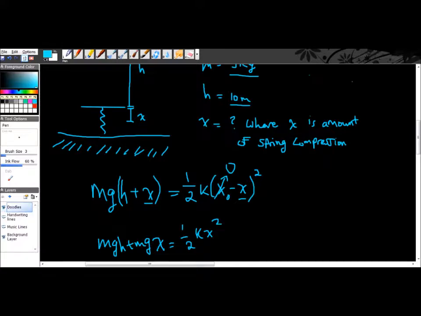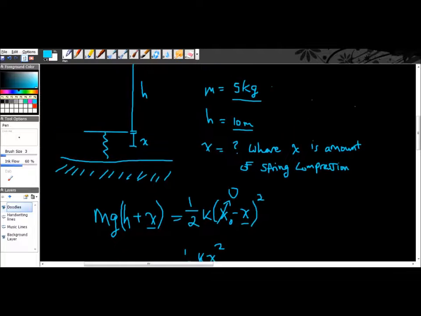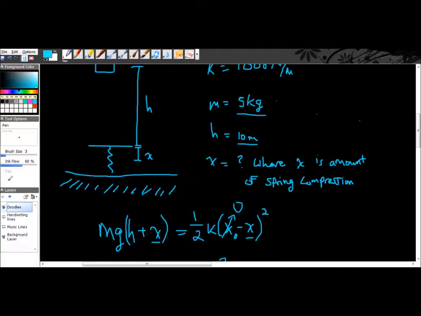Since the block falls an even greater height in mg times h plus x, you know that x must be positive in order to make this height greater than 10 meters.